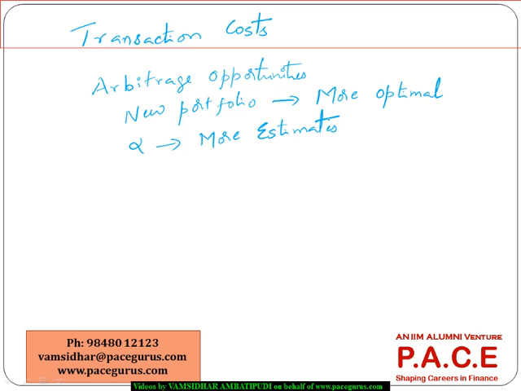but at the same time, if I include the transaction cost, it complicates the process, because the cost is incurred at one point in time, but the benefits are there across the period. I have purchased, but the returns come over a period of time, while the cost is incurred only at one single point in time.